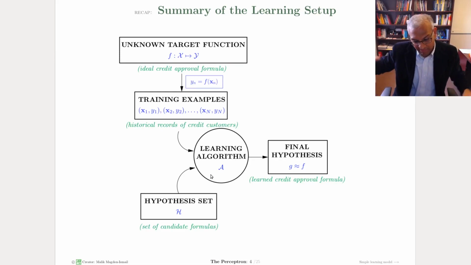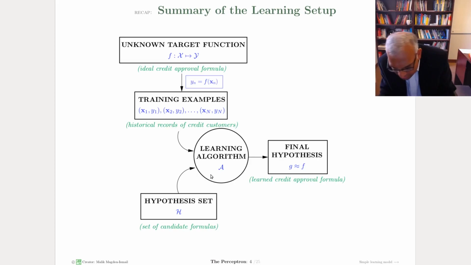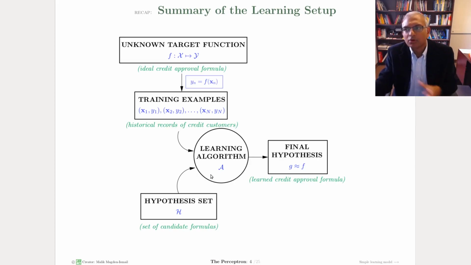There's both the mathematical, learning issue of what's the criterion that the algorithm should use to pick a hypothesis, and then there's the algorithmic, computational issue of how does the algorithm actually go and search through this hypothesis set in order to find the hypothesis that satisfies this criterion. So there's two separate issues here. What's the right criterion, and how do you go and find it?